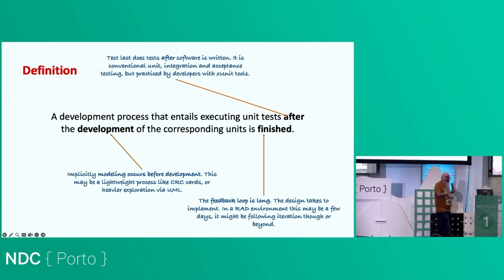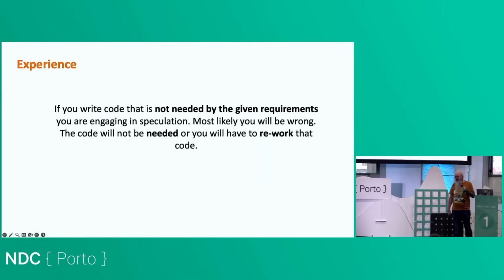TDD is guiding you because it's saying only the things that the acceptance criteria require are the things that you should be writing. And so what happens is, if you write code that's not forced by the given requirements, which is what TDD gives you, you're engaging in speculation. Most likely you are wrong. You'll end up doing rework at the end.